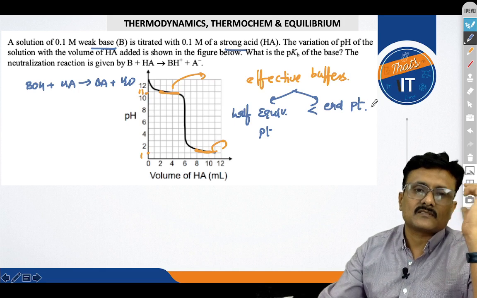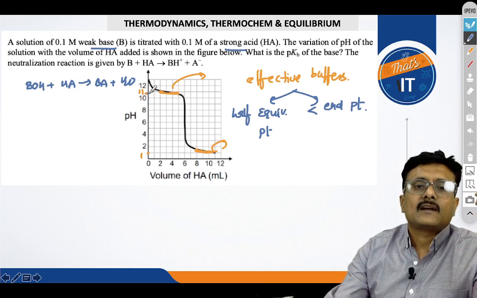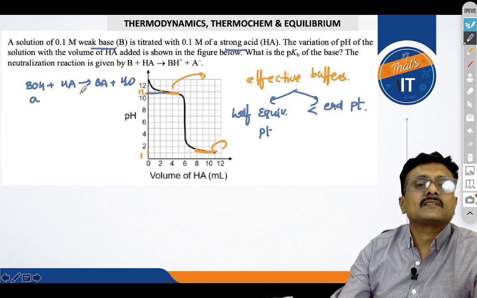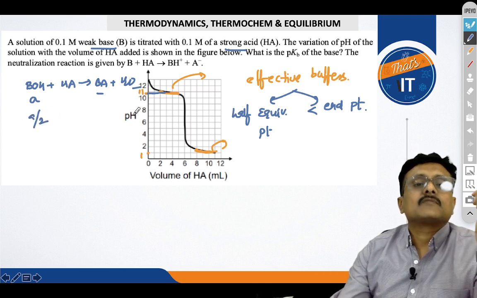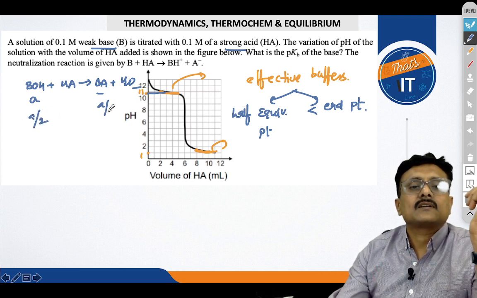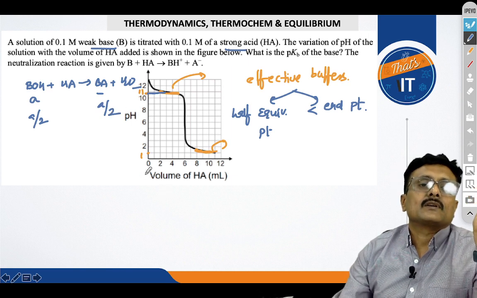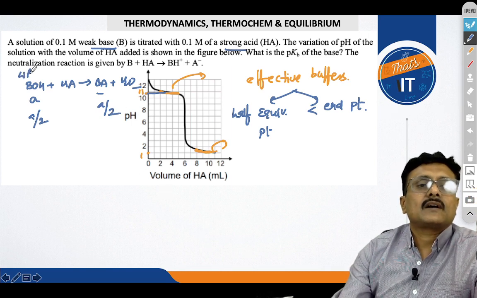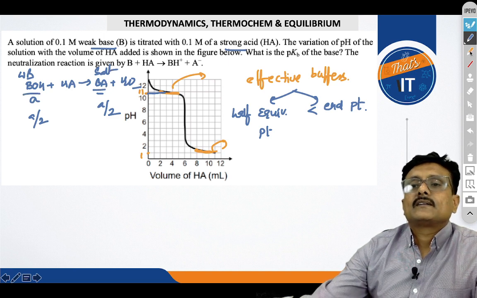So at these two instances, I'll take this scenario: say I have started with A moles, at the half end point. You know that the number of moles of BOH consumed are A/2 and salt produced are also A/2. Now we can see weak base and salt with a strong acid will make a basic buffer, right?